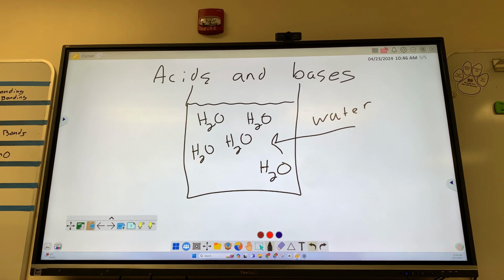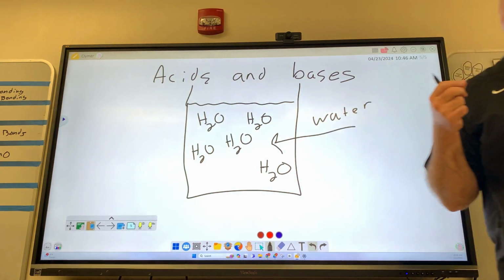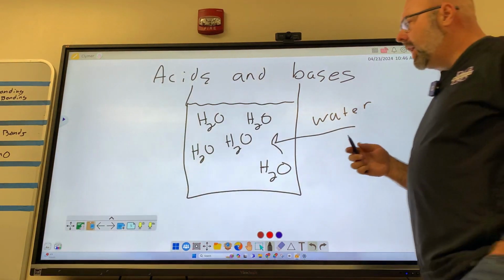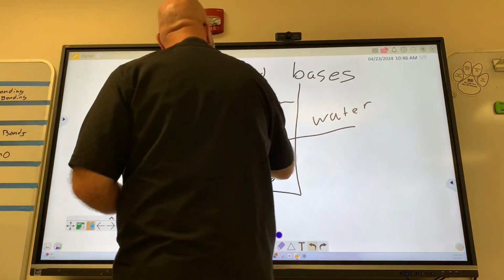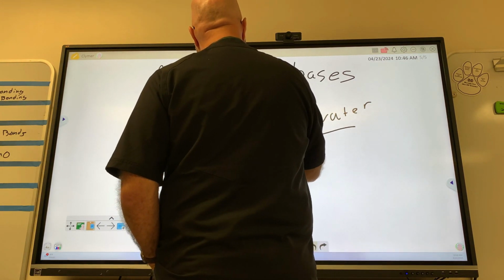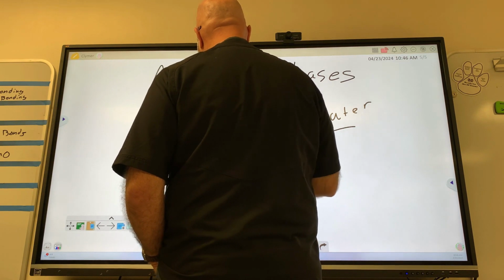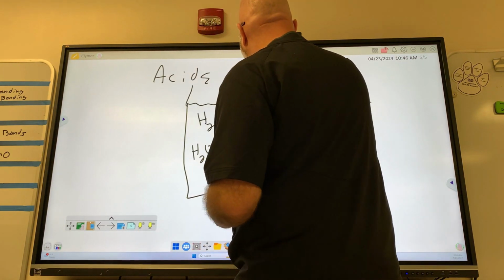So in regular water, sometimes, because of collisions, sometimes because of chance, sometimes these split up into their ions. Break up this one too.